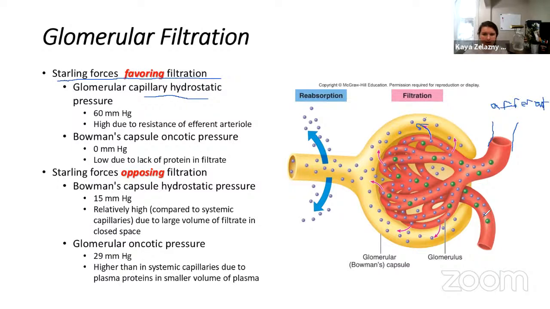And the narrow one, narrower in diameter, is your efferent arteriole. And we know when we have a smaller radius, that raises resistance. So we have really high resistance in this efferent arteriole, which basically causes a backup of blood in these capillaries. So that's part of why this pressure is so high.